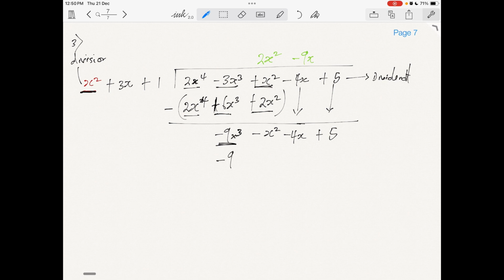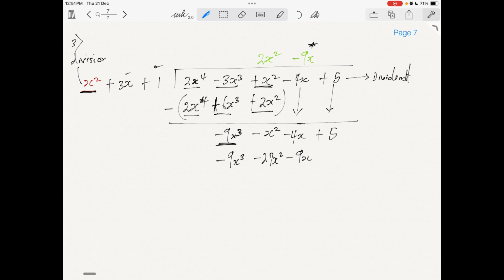Minus 9x cubed, minus 9x multiplied by 3x. So we have it to be what? Minus 27x squared, minus 9x multiplied by 1, and that will give me what? Minus 9x.